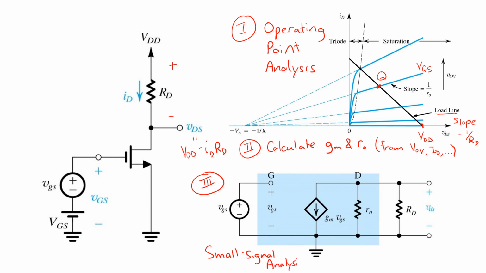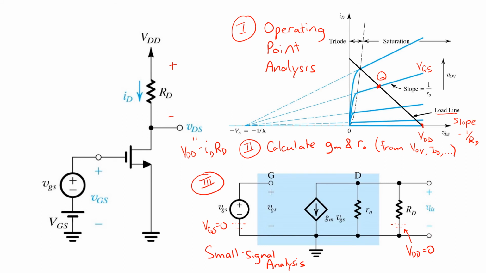And the equivalent small signal schematic is shown here. Again, we've set the DC independent sources to 0. VGS is 0, so we replace that with a short. And likewise over here, we've got the DC source for VDD also set to 0. And we end up with the simple linear circuit shown at the bottom right here.